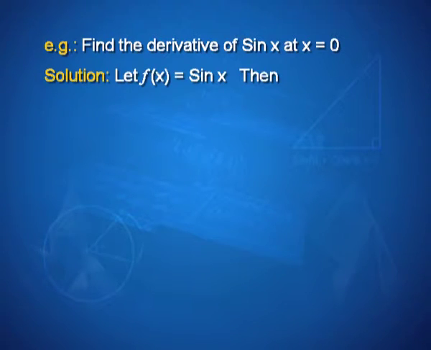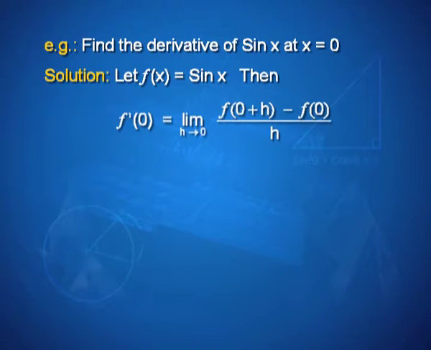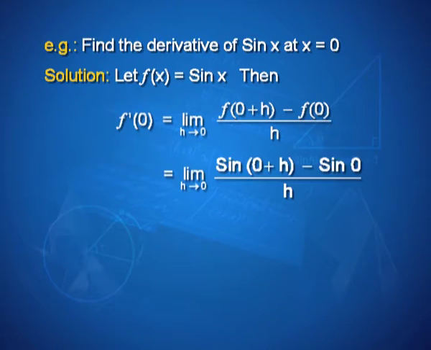Look here, let f(x) = sin x, then f'(0) = limit [f(0+h) - f(0)] upon h as h tends to 0, which can be written as limit [sin(0+h) - sin 0] upon h as h tends to 0, which simplifies to limit sin h upon h as h tends to 0, which is equal to 1.